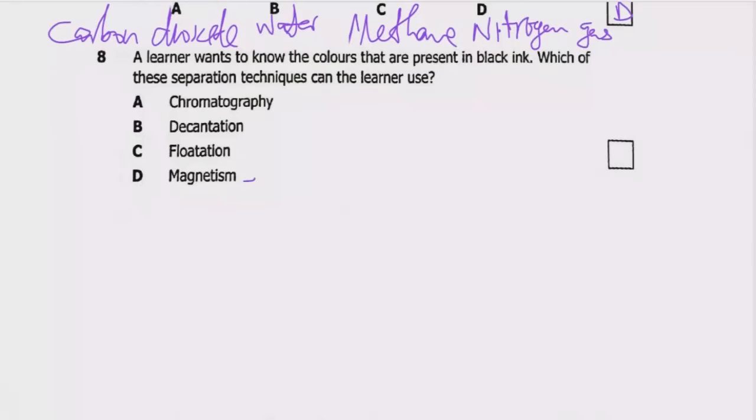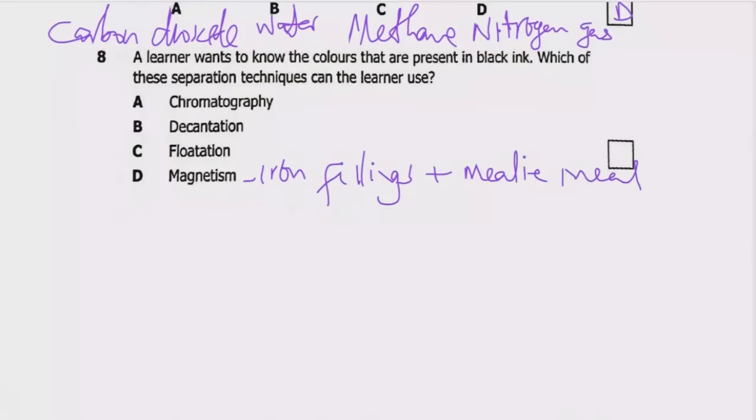So if you have iron filings that are mixed up with, for example, sand, we can use this method to separate those two things.